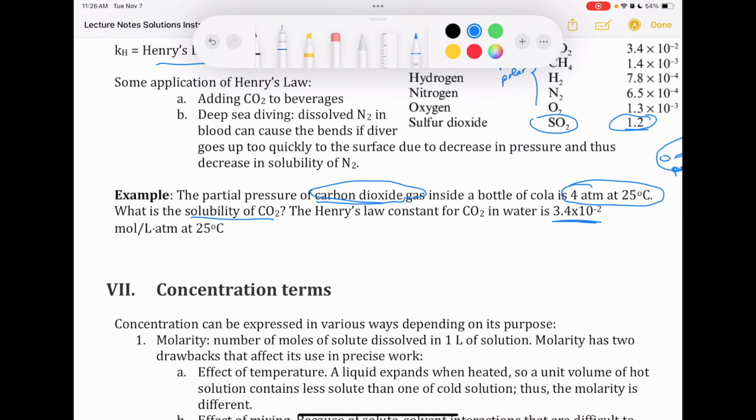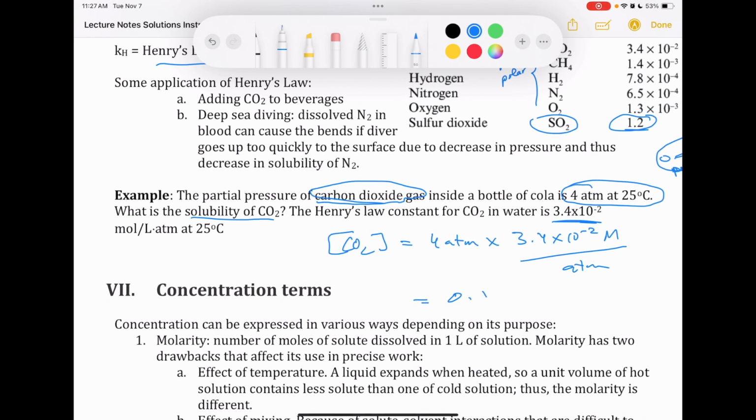So all you need to do to calculate the solubility of CO2 is take the pressure, which is 4 atmospheres, times the Henry's law constant, which is 3.4 times 10 to the minus 2 molar per atm. Okay, and this actually gives you 0.136 molar.